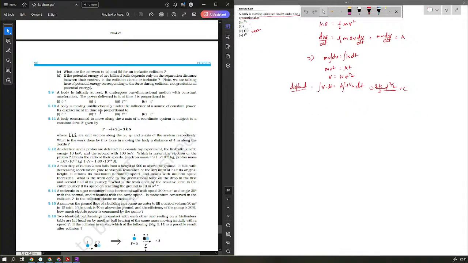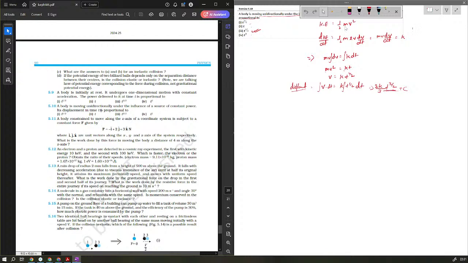The body is moving unidirectionally under the influence of a source of constant power. Its displacement in time t is proportional to. So here it is given that the body is moving under constant power. Power is the time derivative of work done, so here d(KE)/dt is equal to constant.